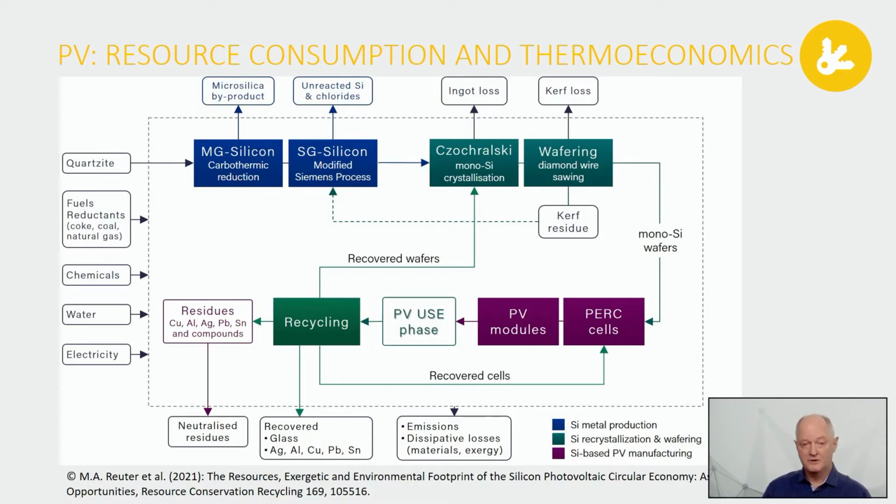Not only in terms of an LCA type of score, but also the true degradation of quality of materials while it goes through the system, and therefore also being able to give it an exergy cost and dissipation.